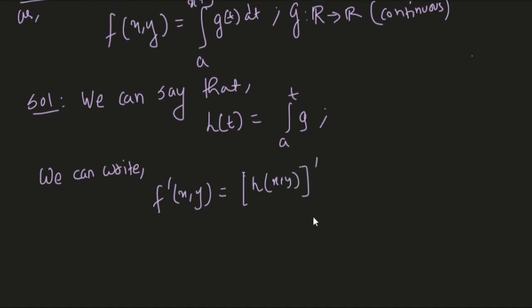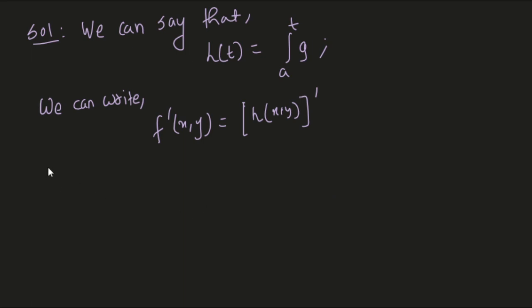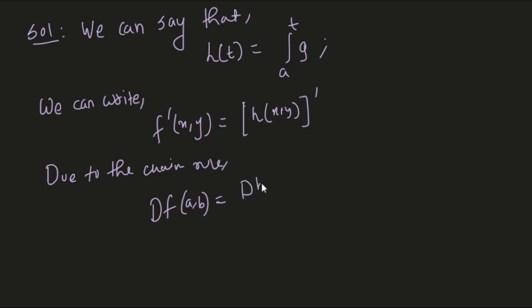Now due to the chain rule we have df at a comma b, the derivative at the point a comma b, would be equal to dh of a plus b, firstly, multiplied by pi 1 plus pi 2 derivative at the point a comma b.